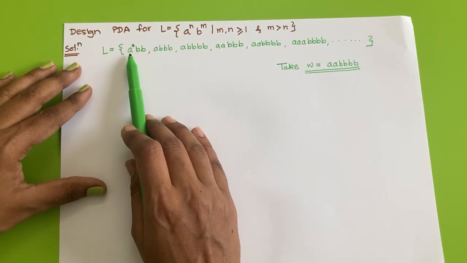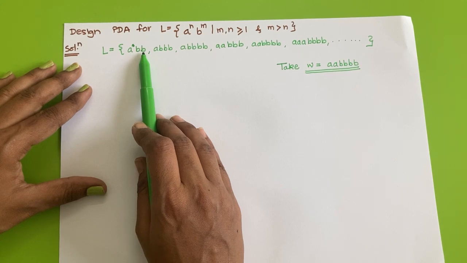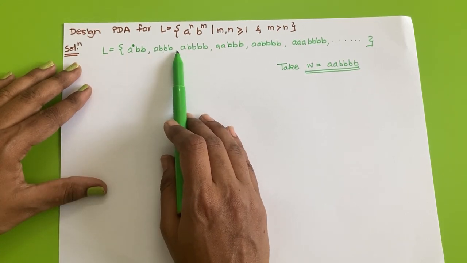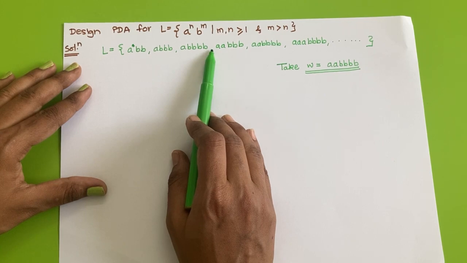So the smallest string will be ABB. Next smallest will be A 3 times B or A 4 times B, likewise.